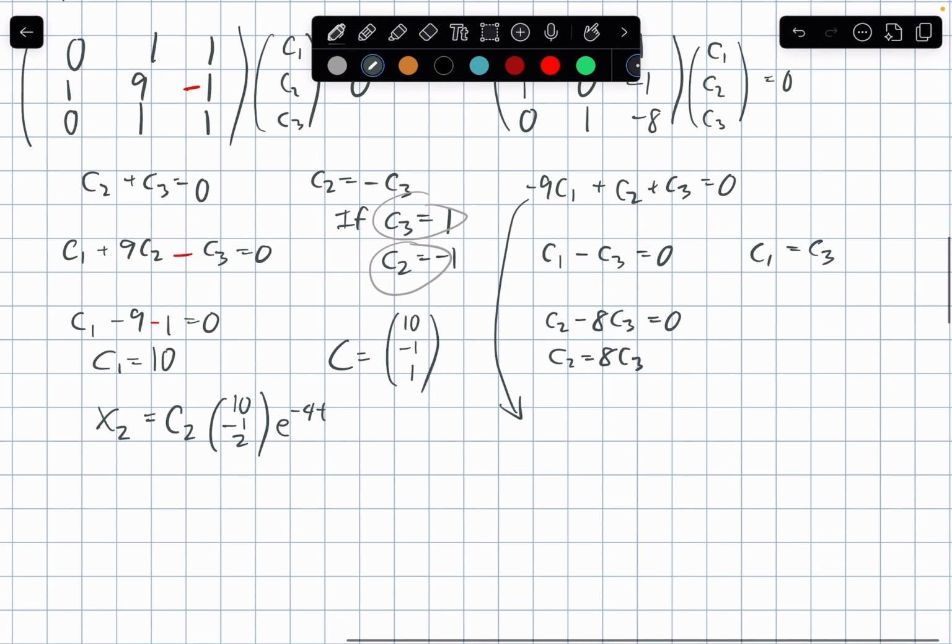So let's assume c1 is c3, no? Substitution. And then the c2 here is gonna be 8c3.